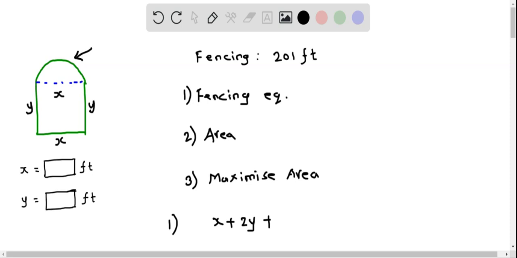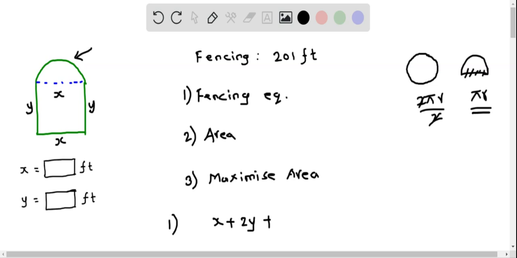semicircle. We know that if we consider a circle, the circumference is 2 pi times radius. However, for a semicircle, we have to divide this by 2, which gives pi r. So the fencing required for a semicircle, as far as this coral is concerned, does not include the diameter side, so it's basically only pi times the radius.